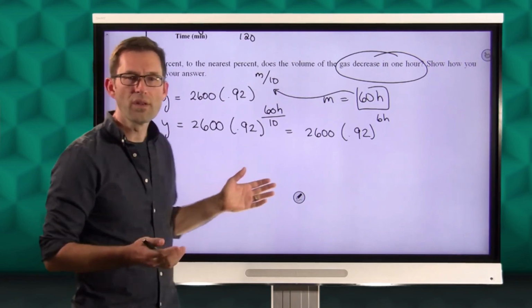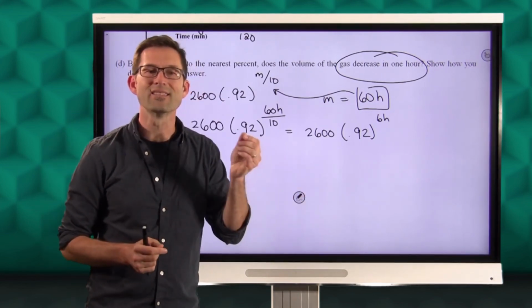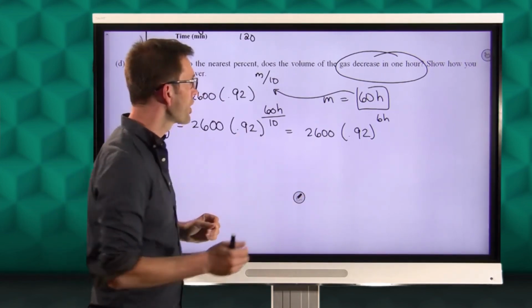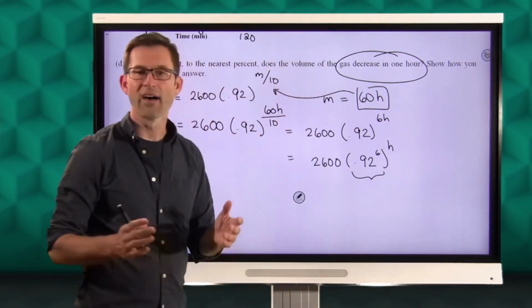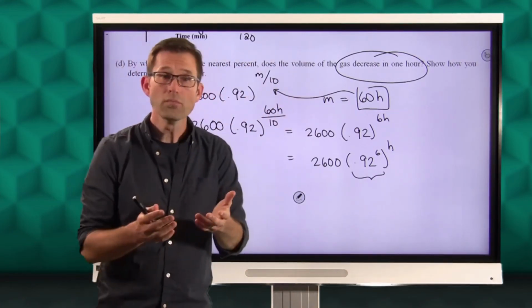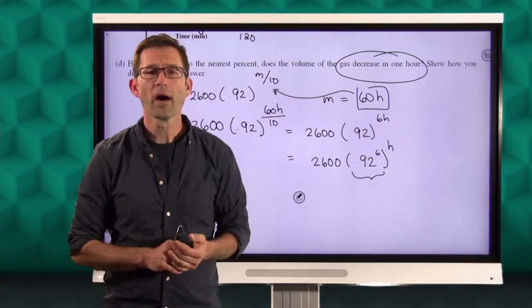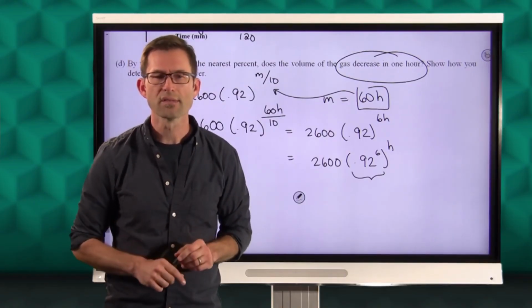But remember, this still doesn't help me in terms of the percent that it's decreasing per hour. What I really now need to do is write this as 2600 times 0.92 to the 6th to the h. And this is what I need to have my calculator for. So, if you haven't done it yet, do 0.92 to the 6th and see what you get.